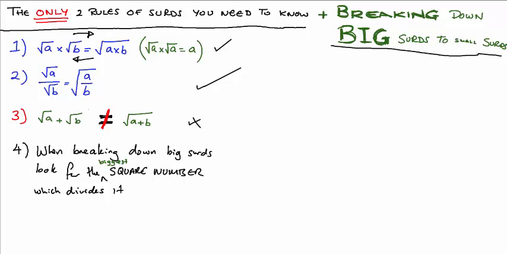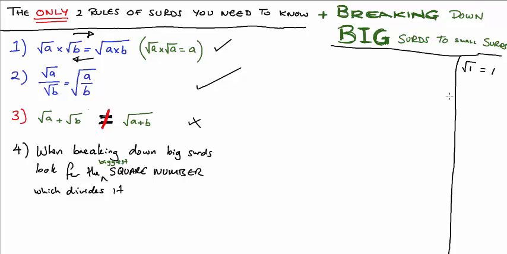Now let me talk about breaking down big surds. This is a really, really big thing. There are some surds which you want to be very interested in, and it's the square number ones.